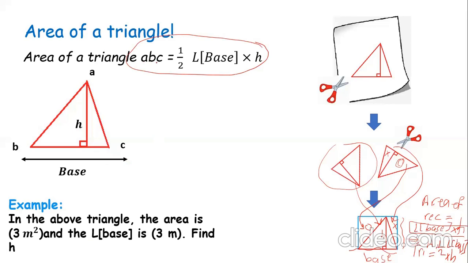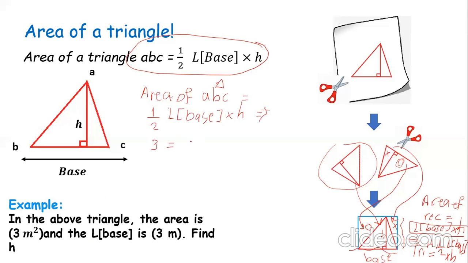So based on this law that we concluded, the area of the triangle ABC is equal to half the length of the base multiplied by h. We have the area is 3 square meters.